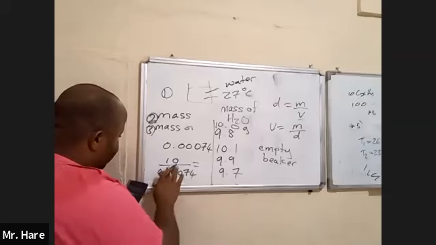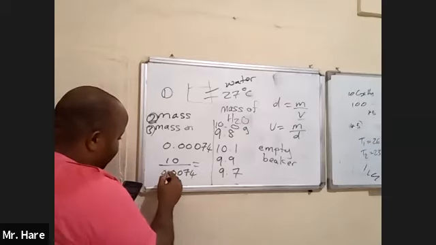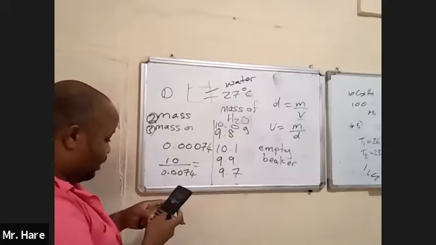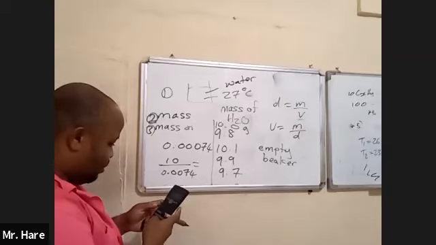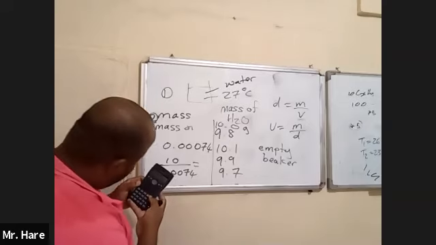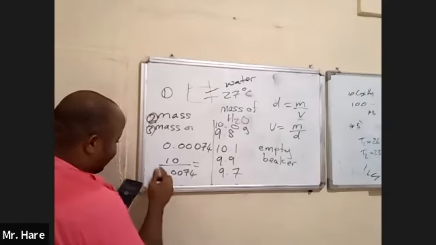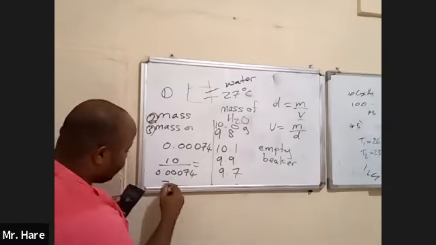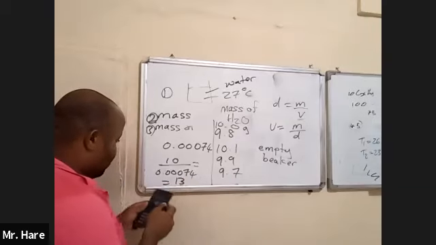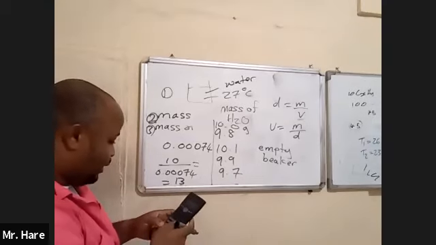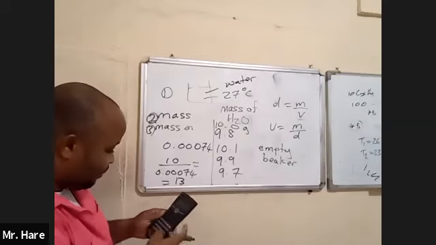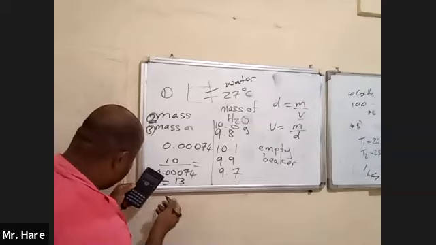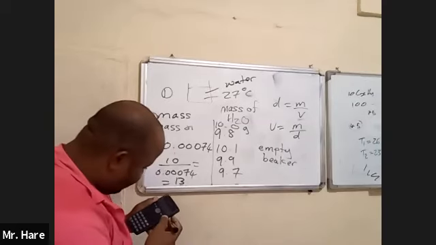I don't remember exactly. I'm just making up a number here, so it will be off. So 10 divided by 0.00074, I would have gotten 13,000.